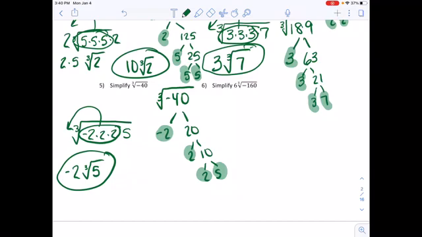And lastly, we have 6 cubed root of -160. This is similar to that last problem, where we are going to find the prime factors of 160.